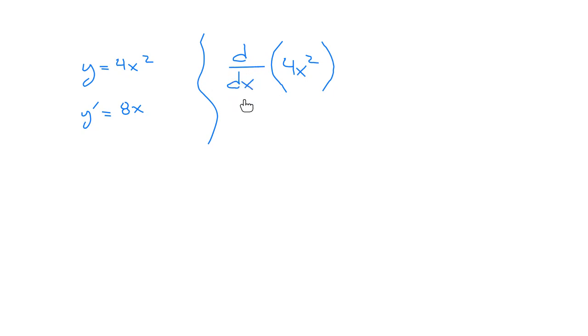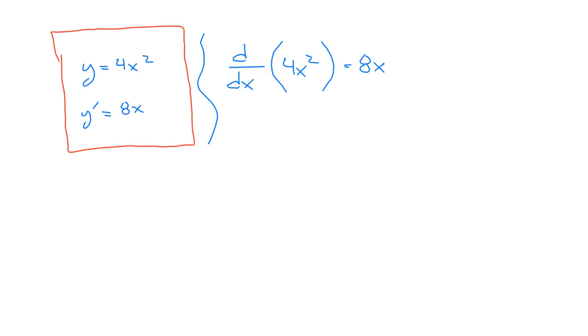Well, that means that x is the independent variable, and sure enough, you see the x. So that's 8x. One way to approach me telling you about that question is I can write these two different things down, or I can write this one thing down and they all convey the same information, that the derivative of 4x squared is 8x, okay?